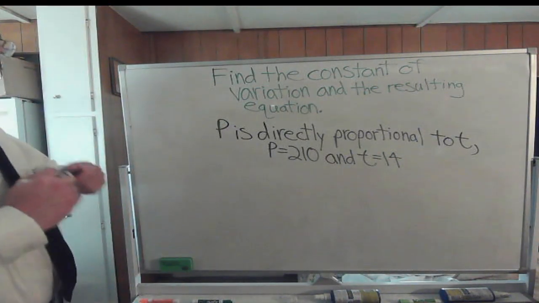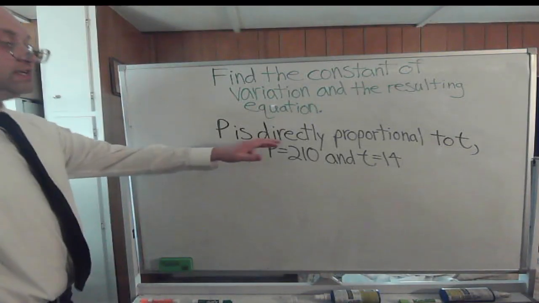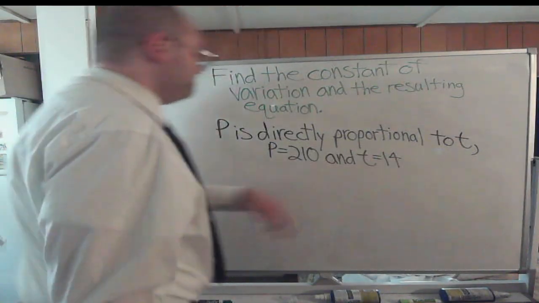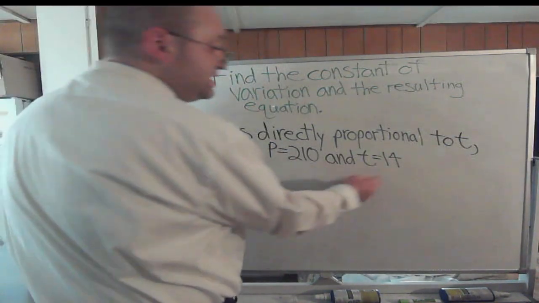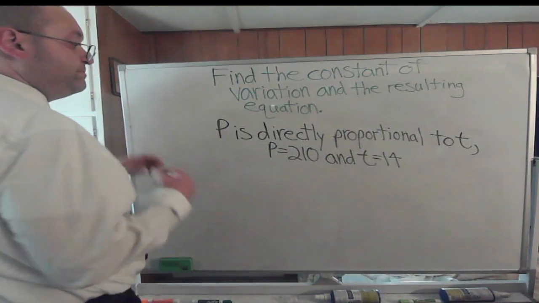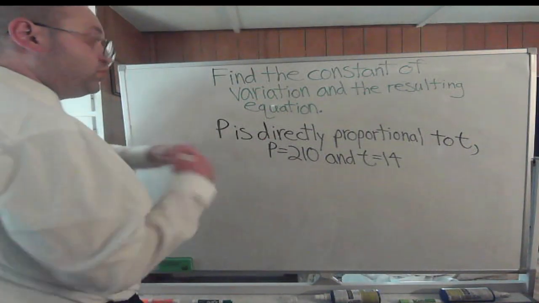So we have P is directly proportional to T, where P equals 210 and T equals 14.